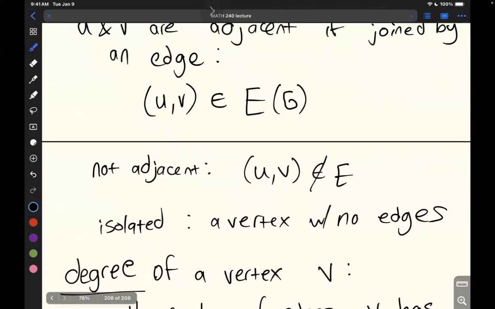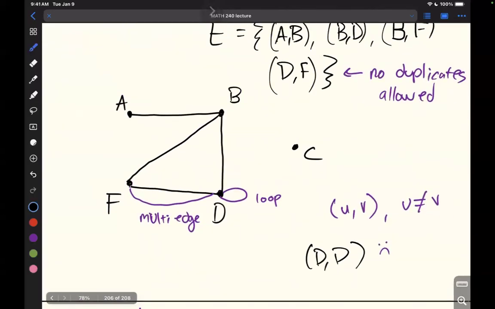All right, let's go back up. What's the degree of B? 3. What's the degree of D, assuming that the purple stuff doesn't exist? 2. What's the degree of D, assuming the purple stuff does exist? 1, 2, I think it's 5.